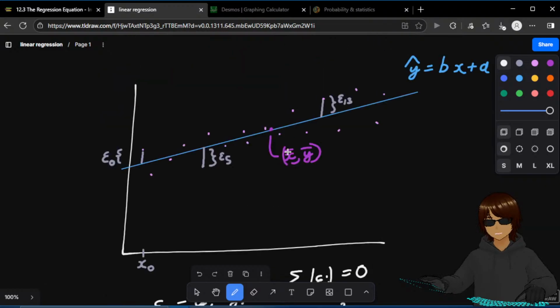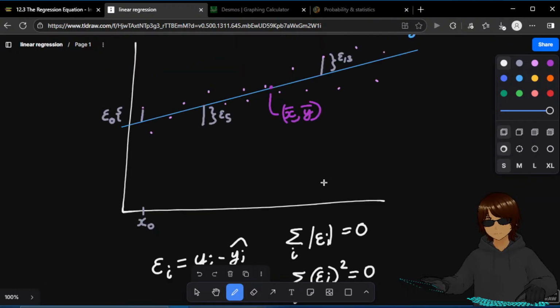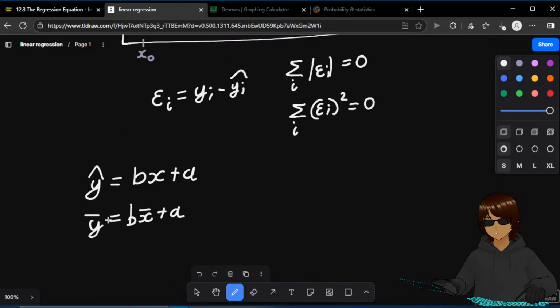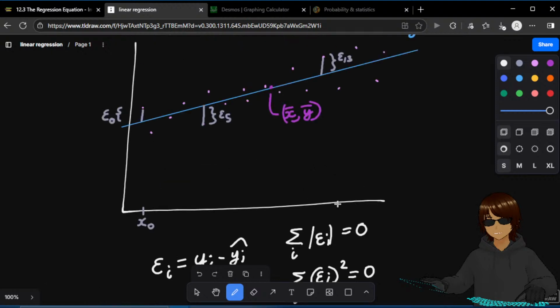We know that the average values definitely are on the line, so we know that this is true as well. So the average line, and we want to minimize this.